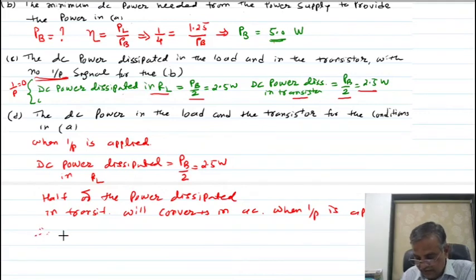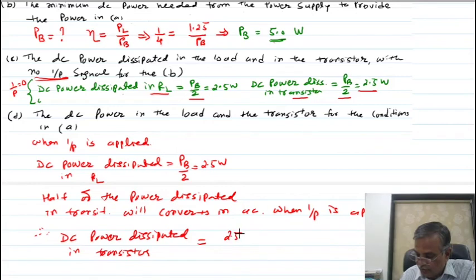Therefore we can write, DC power dissipated in transistor is equal to 2.5 by 2, which means 1.25 watt.